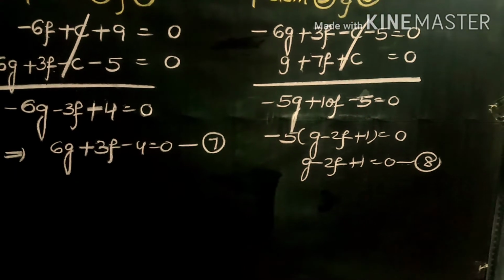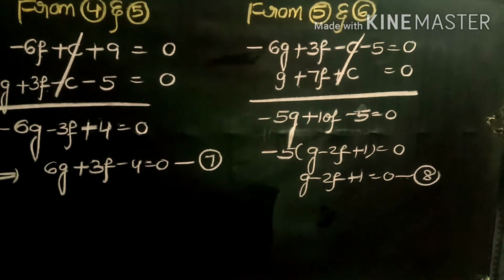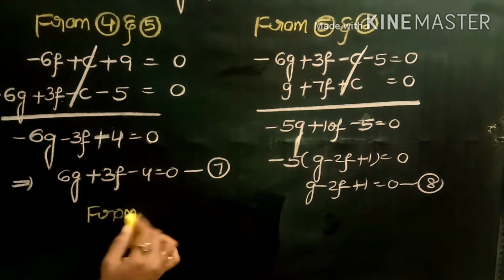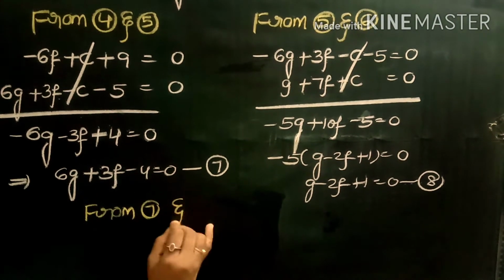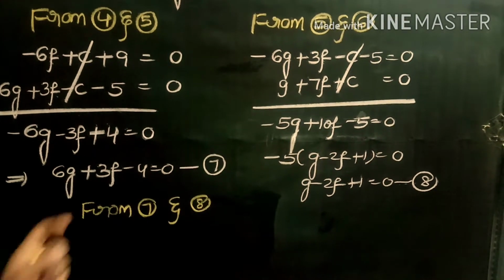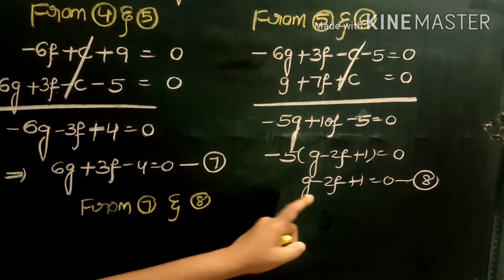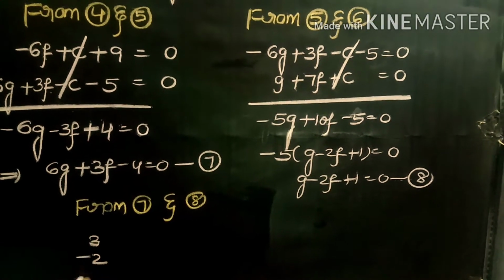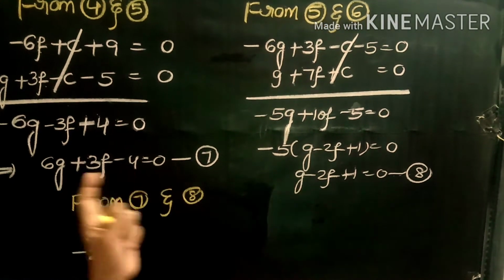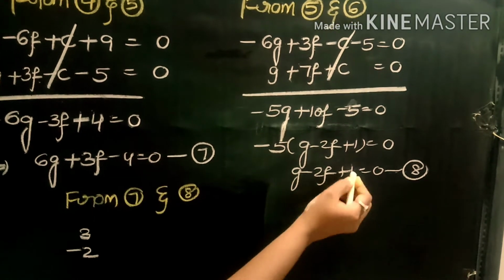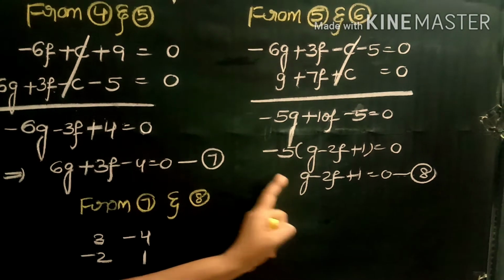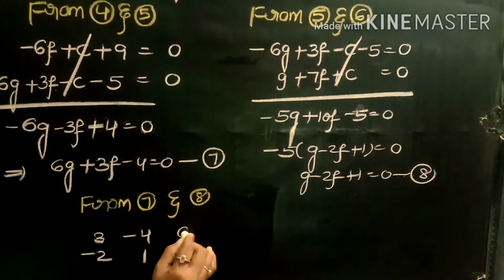Now taking the point of intersection procedure. So here from 7 and 8, now we are solving the equations 7 and 8. From these two equations, first we are taking the middle term coefficients, that is 3 comma minus 2. First we are writing the middle term coefficients 3 comma minus 2, and next taking the constants minus 4 comma 1, and next taking the first term coefficients, that is 6 comma 1.